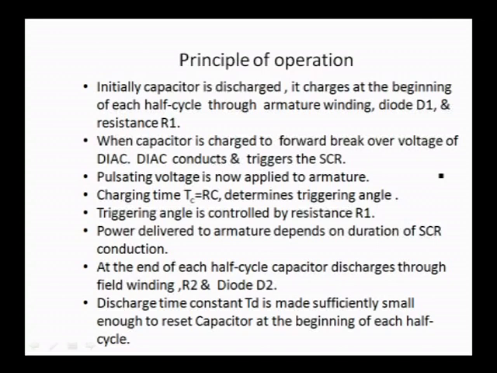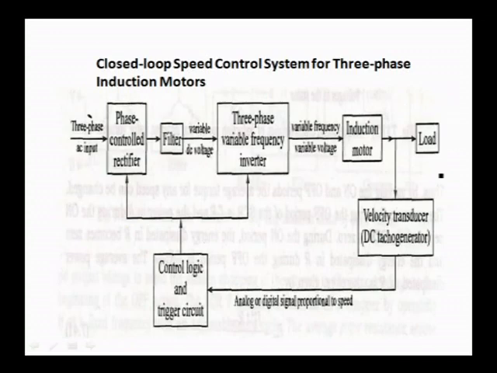At the end of each half cycle, the capacitor discharges through the field winding and R2. The discharge time constant TD is made sufficiently small so that the capacitor is reset at the beginning of each half cycle. This is how the speed control of a DC shunt wound motor takes place.